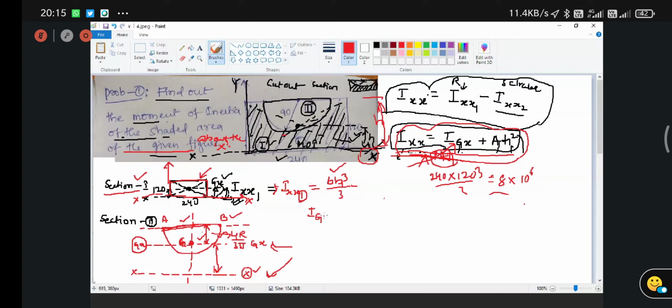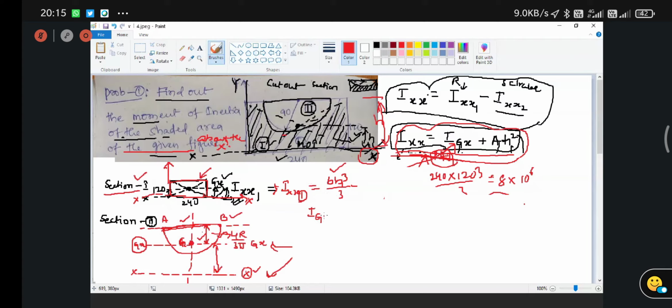One is my AB axis, another one is my Gx axis for the semicircle. So 4r by 3 pi whole square. This is the distance. If you do this, pi into r is how much here?